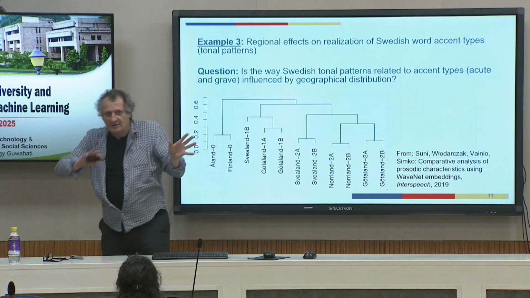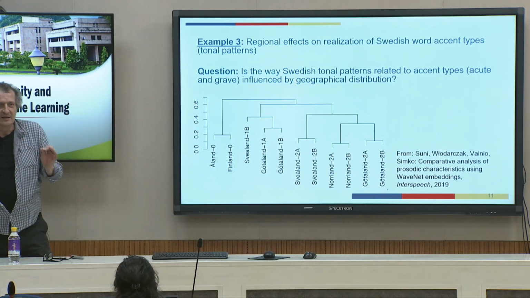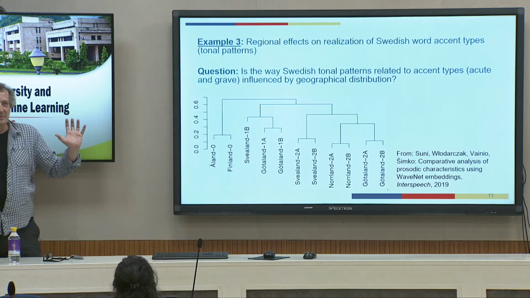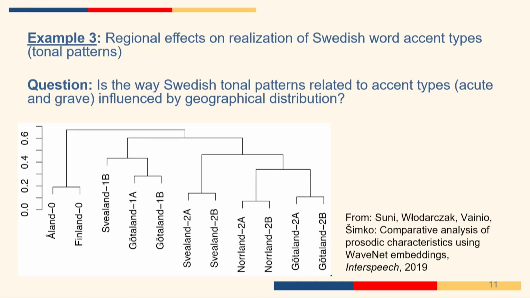So we found all the combinations and wanted to see whether this would be lumped geographically. So will we get the split based on geography, or will we get the split based on the accent type? And what we got is something in between. It's actually scarily perfect, the splitting. We quadruple checked the methodology, whether we didn't do something wrong, because it's too perfect. But we are quite confident it works.